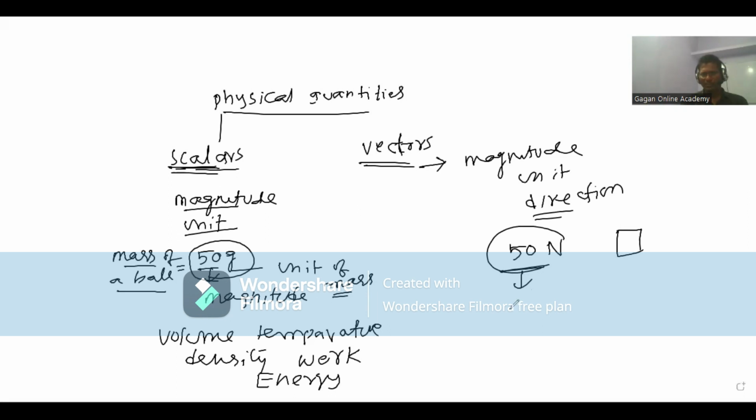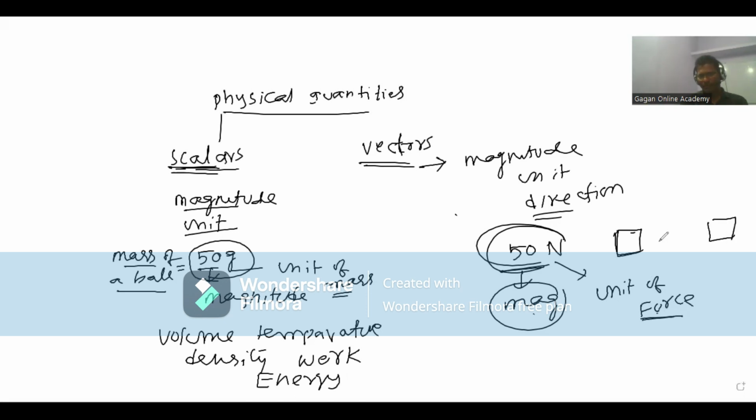So this 50 is called magnitude, this N is Newton, unit of force. So here I gave two things, magnitude and unit of force. With these two pieces of information, I can't describe this force. This is meaningless because in which direction I am applying force is very, very important. In east direction or west direction or north direction or south direction.